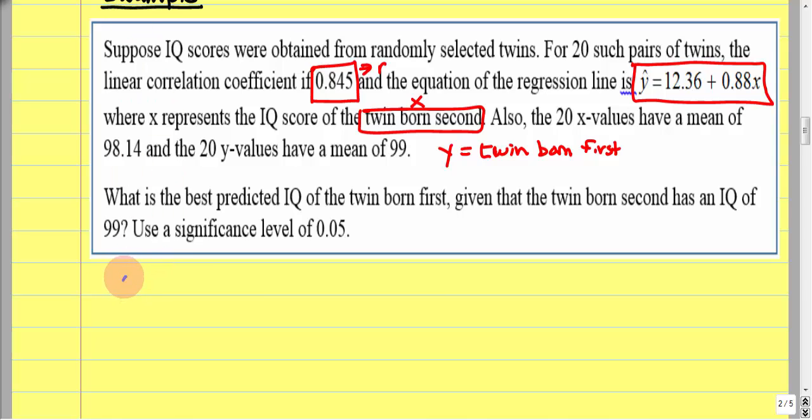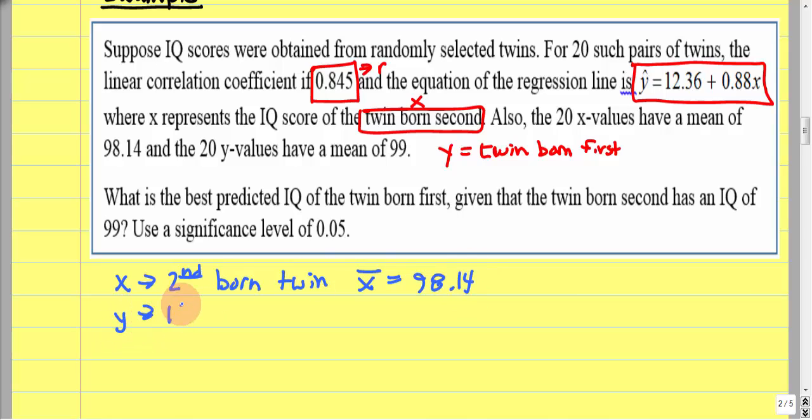We're running out of space. So X is the twin born second, and the average IQ of the second born twins, from right here, is 98.14. And then we have Y values. That's our firstborn twin.